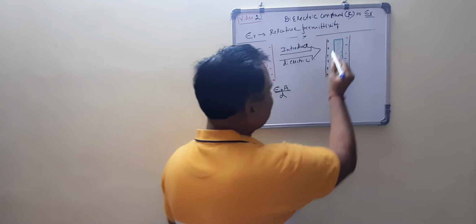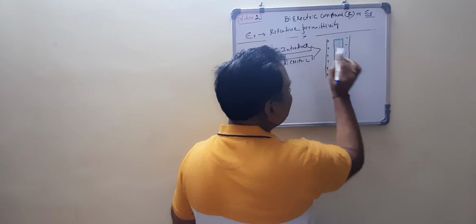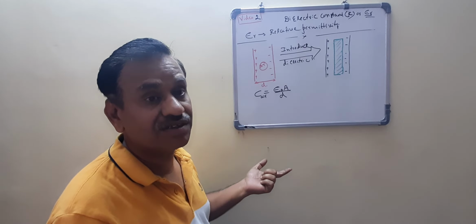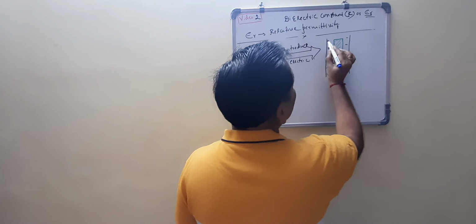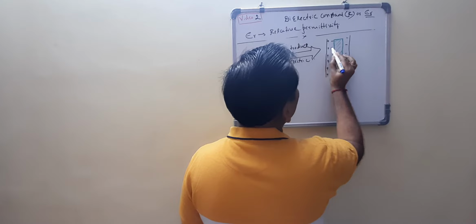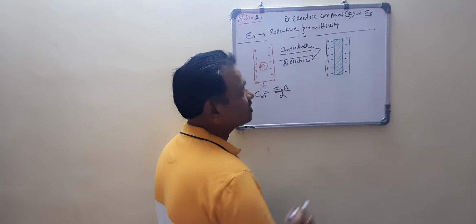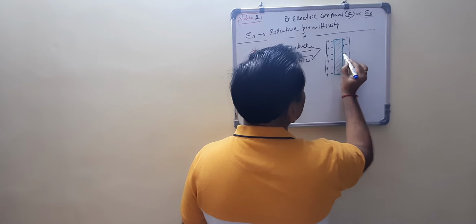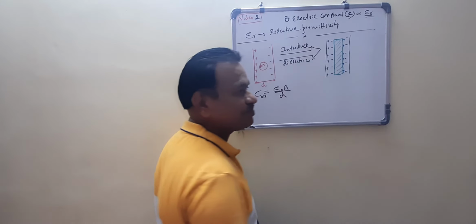In the insulator, because of this external electric field, there is a redistribution, a realignment of the charges. When this is positive, this will be negative, negative, negative. So that this is plus, plus, plus, plus. Again, they are bonded.